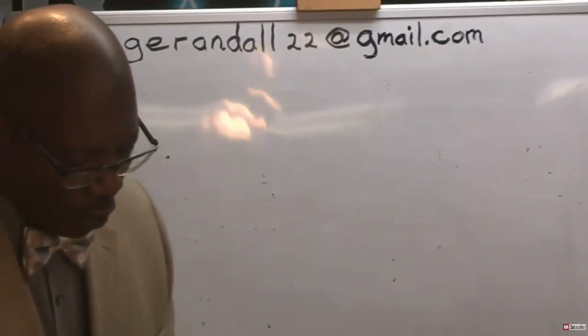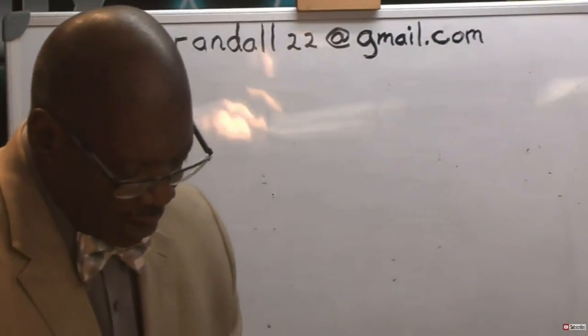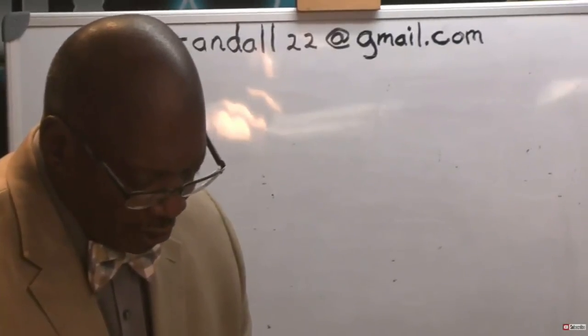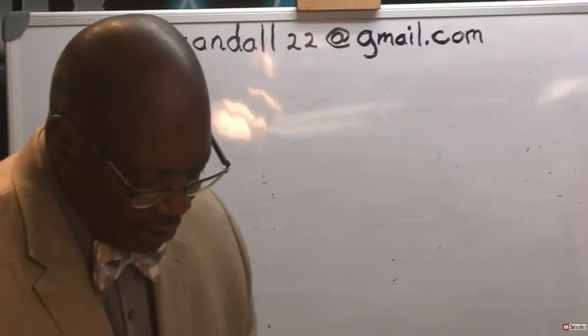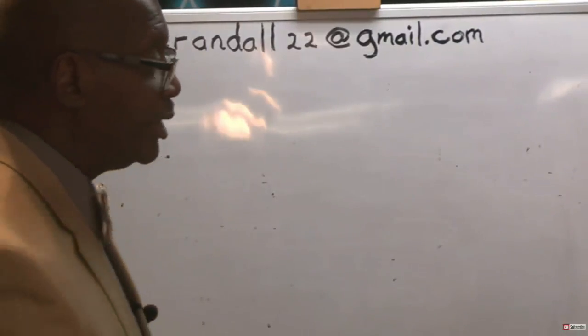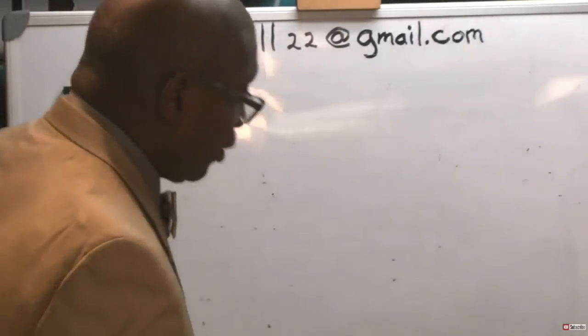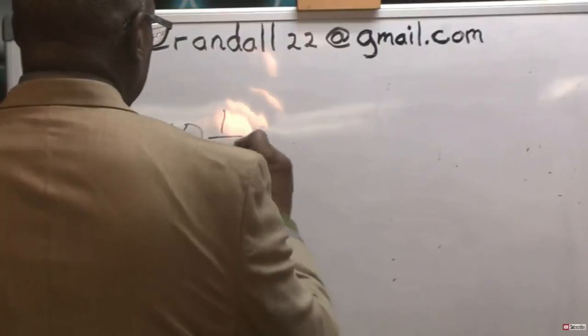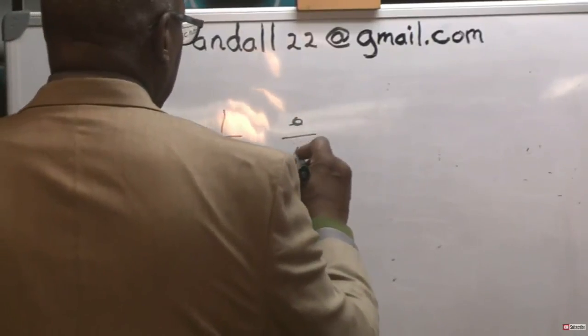Let's see if we can get one more in. It says, if a board is 10 1/4 feet long and is cut into 6 equal pieces, how long will each piece be? Okay, 10 1/4 feet divided by 6.